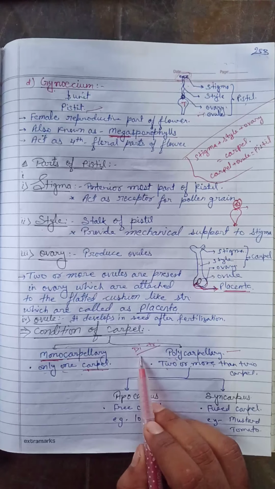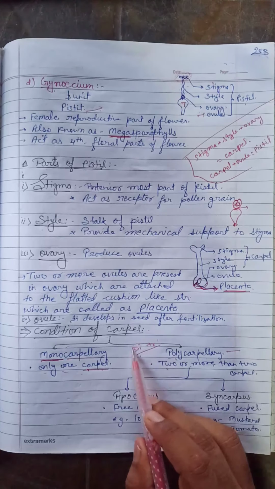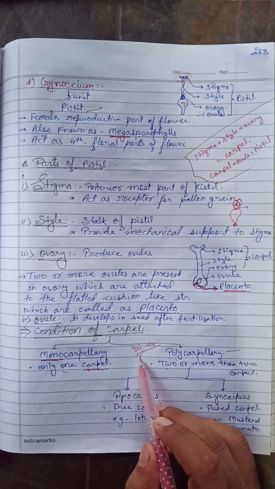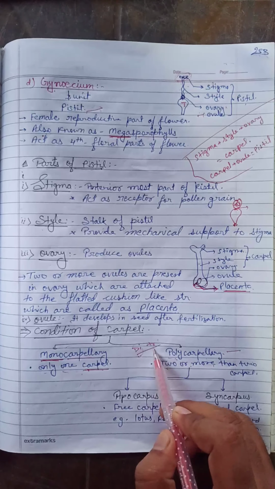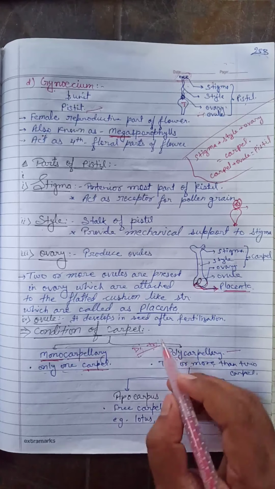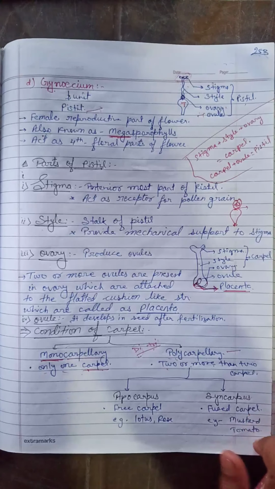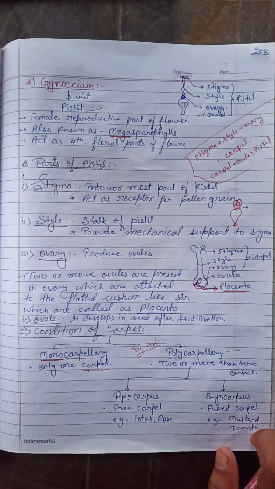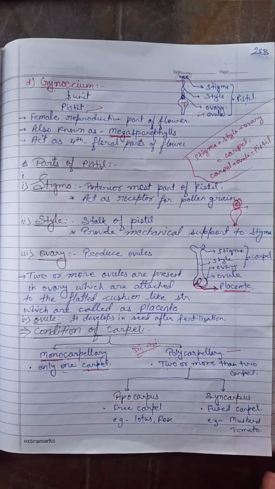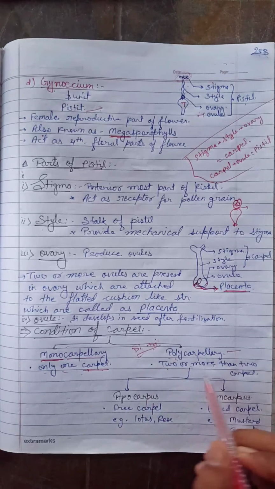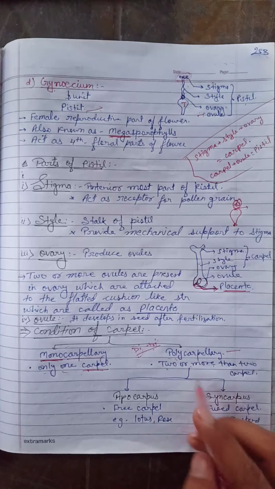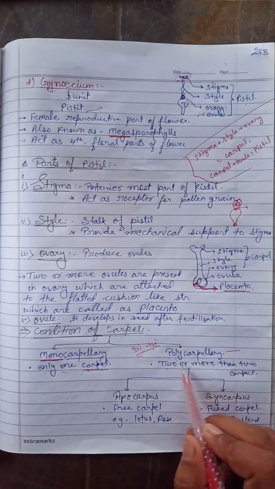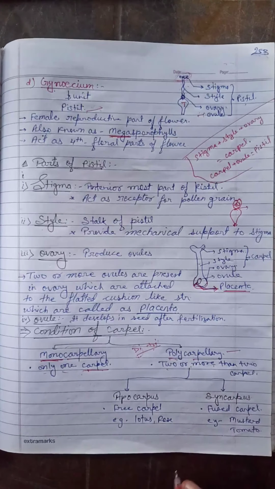If the flower carries two carpels, that is called dicarpellary. If the flower contains three carpels, that condition is called tricarpellary, and more than three carpels contained in the flower is called polycarpellary.